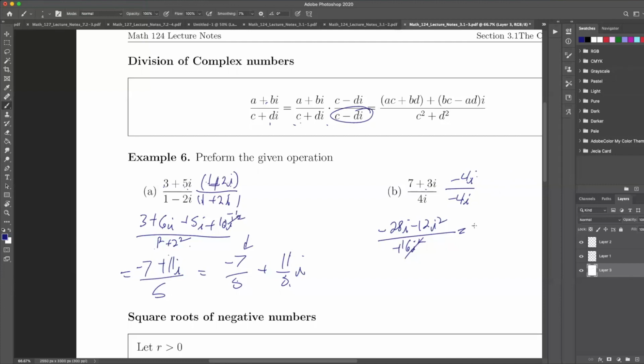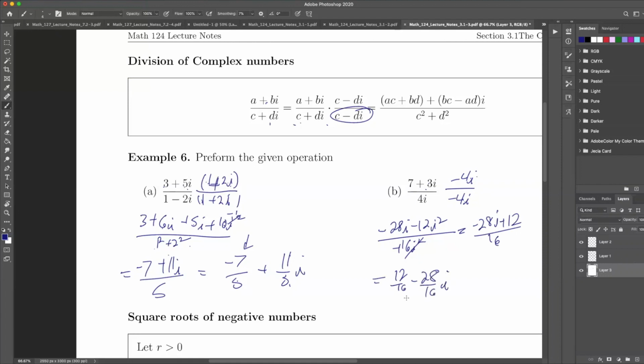So we make this positive, and here I'll have minus 28i plus 12 all over 16. And then I can just divide out the 4. Actually, write this as 12 16ths minus 28 16ths i.